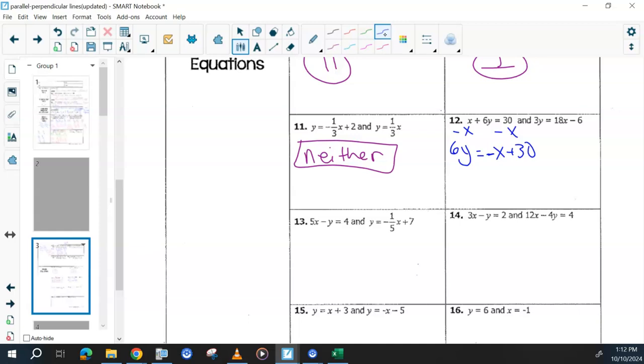And then to get y by itself, what would be the next step? Divide everything by 6. So y equals, I can write this as negative 1 over 6x plus 5.